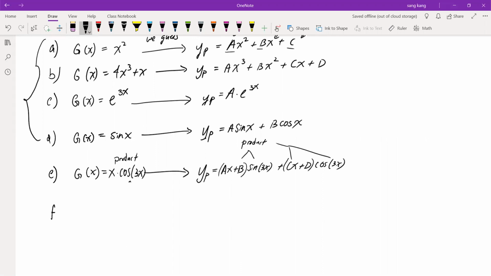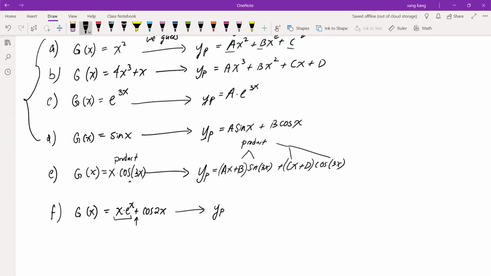So let's look at the last case. g as a function of x equals x times e to the x plus cosine 2x. So now we have a product, but we also have two terms here that are being added together.